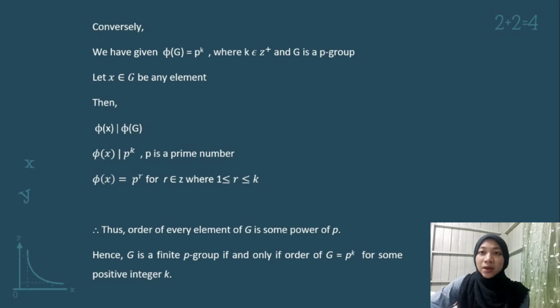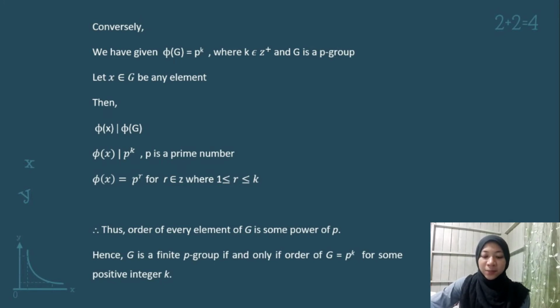So we get pi x divides p^k, where p is a prime number. So we substitute pi x is equal to p to the power of r, for r an element of Z, where r is greater than or equal to 1, and less than or equal to k. Hence, the order of every element of G is some power of p.